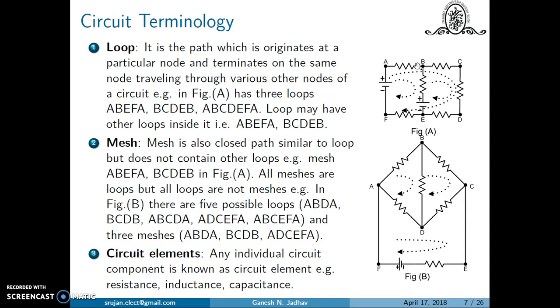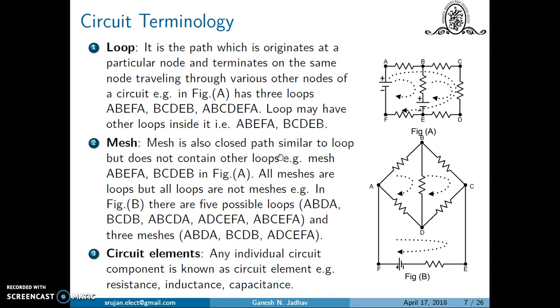Another loop is B, C, D, E, B. And another loop is A, B, C, D, E, F and A. This will form a third loop. So we are starting from one node and again reaching that node.